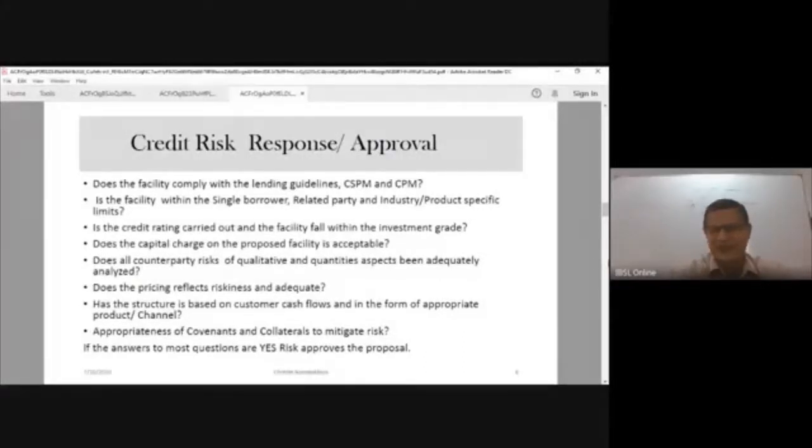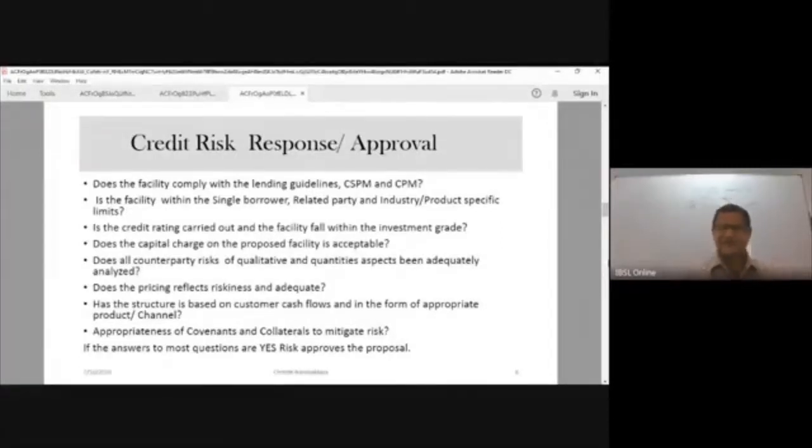Appropriateness of covenants and collaterals to mitigate risk. Now, if the risk is higher, we need to mitigate. I told you when we were doing the credit evaluation in the business unit where the counterparty risk is done, we mentioned risk can be mitigated through covenants, collateral, and price.